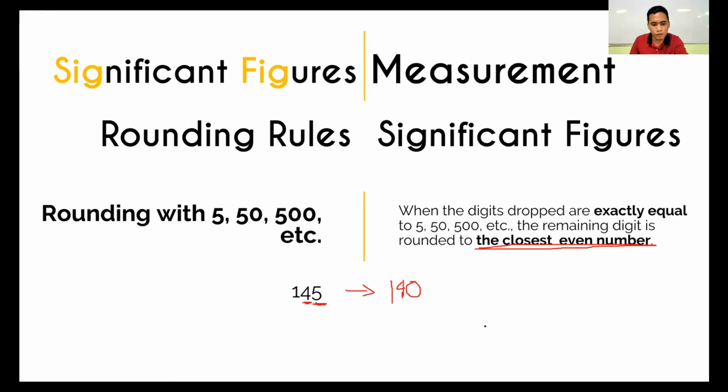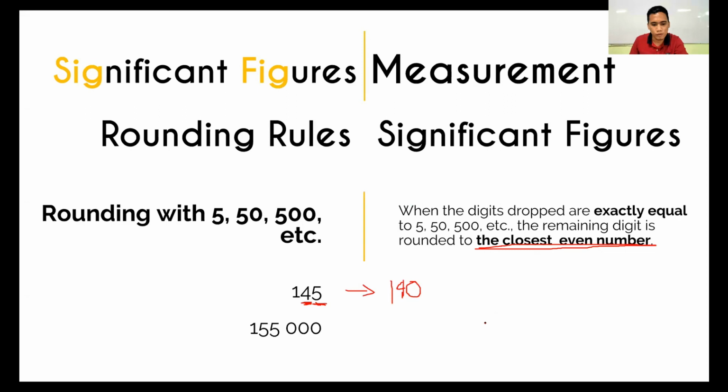As I have said, if it is exactly 5, then you round to its closest even number. So 145 rounded to its nearest tens is equal to 140.